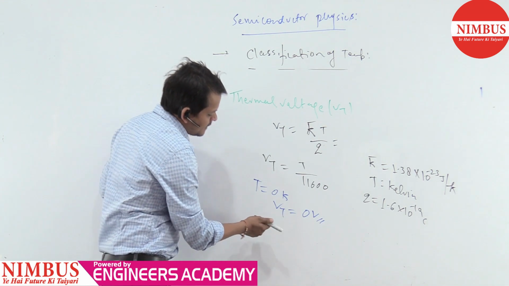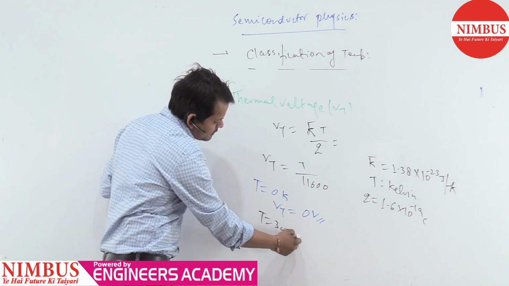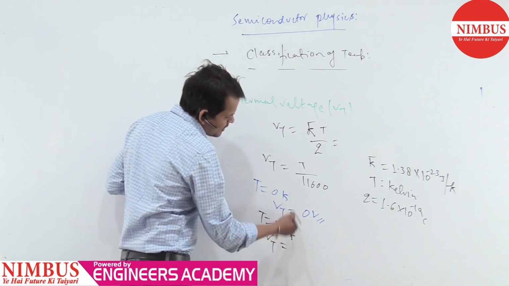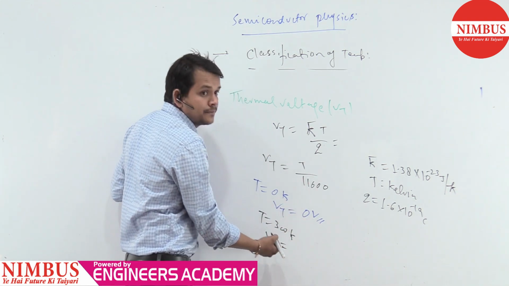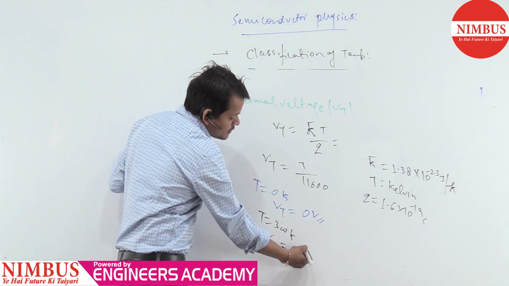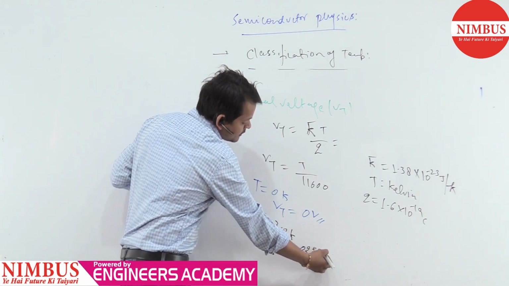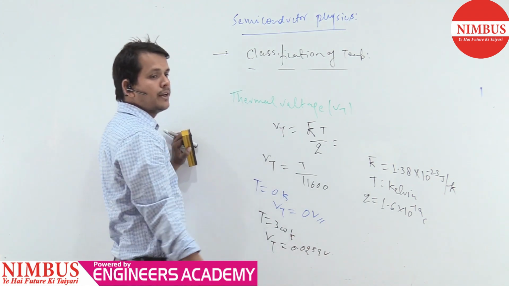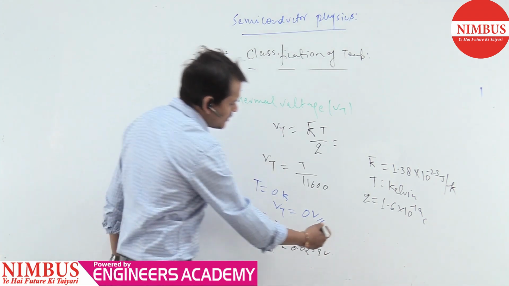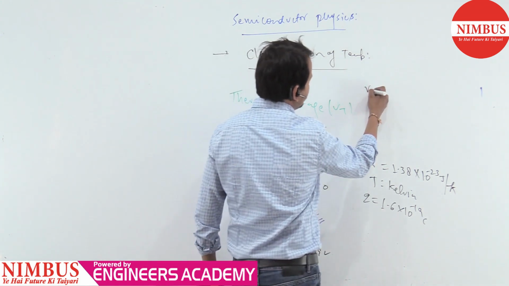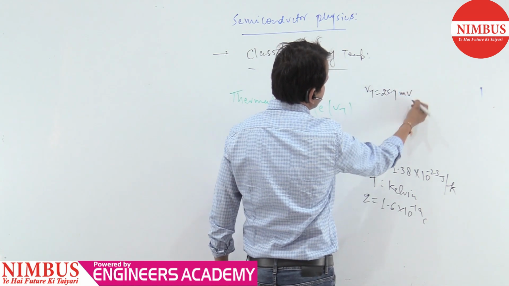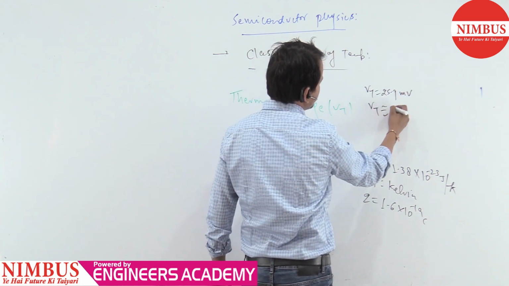Now if I take T equal to 300 Kelvin, what is Vt? If I put 300 Kelvin, it becomes 0.0259 volt. If I convert it into millivolt, Vt is equal to 25.9 millivolt, which is very close to 26.